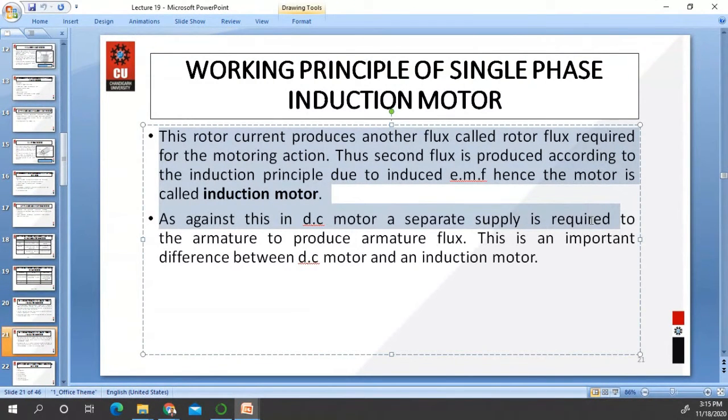As against this, in DC motors, a separate supply is required to the armature to produce armature flux. This is an important difference between DC motors and induction motors. So what is armature? The outer portion.